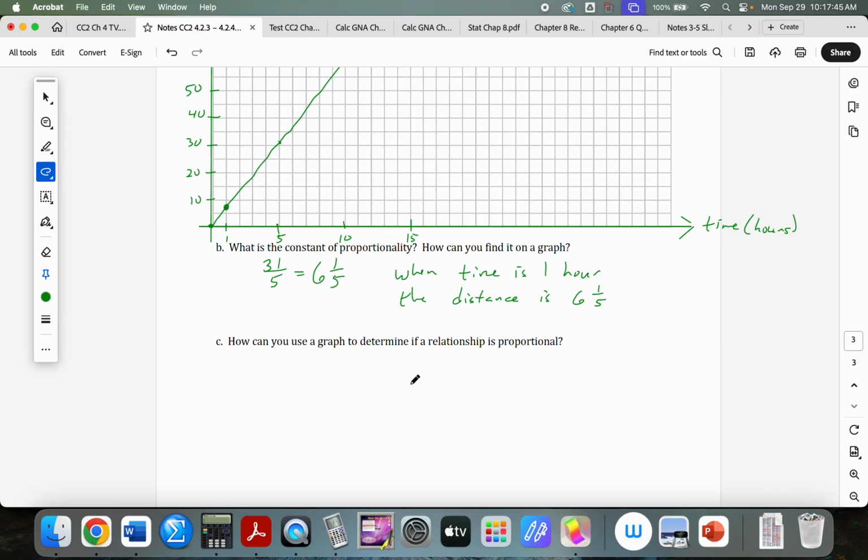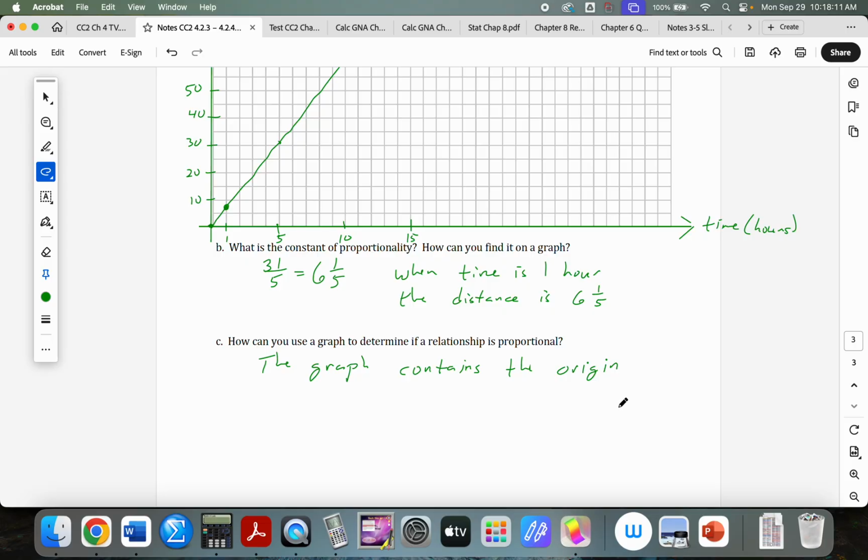So how can we use a graph to determine if a relationship is proportional? Got to look for two things. What's one thing? It's got to go through the origin. And what's the second part?